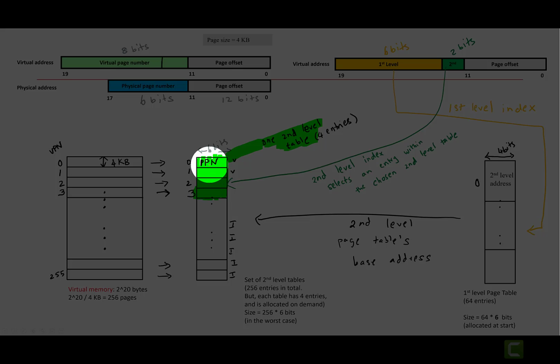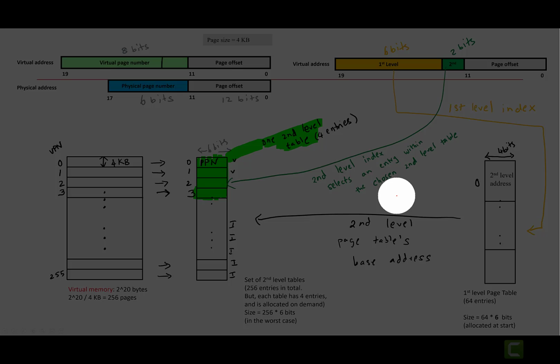So now I have 2 level indirection. Whenever I need to look up an address, I'm going to look into this super page table, retrieve the address of my second level page table, and the second level page table is going to tell me the actual physical address for the page I'm looking for.